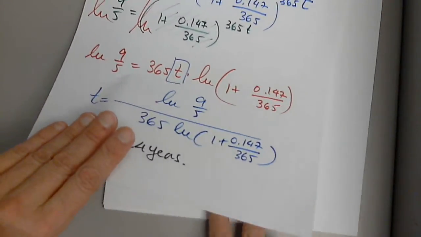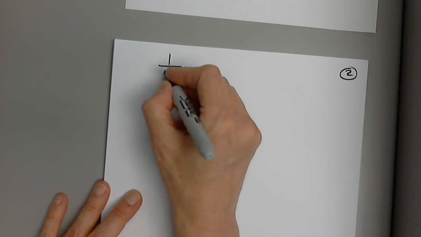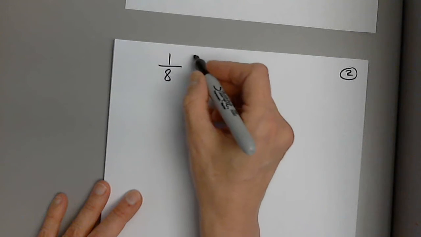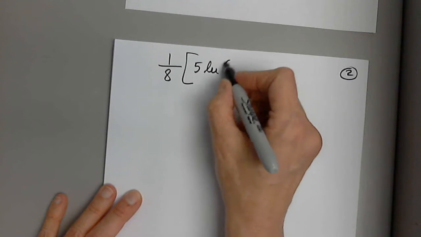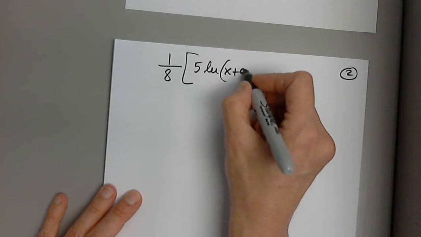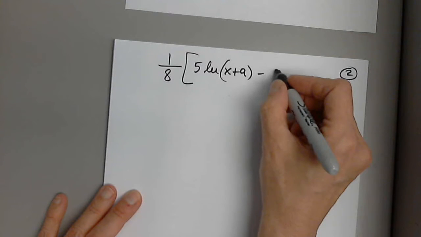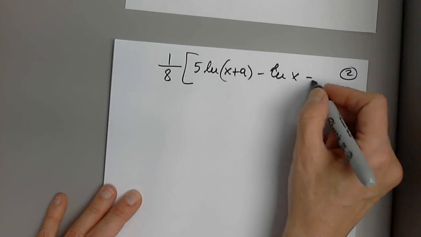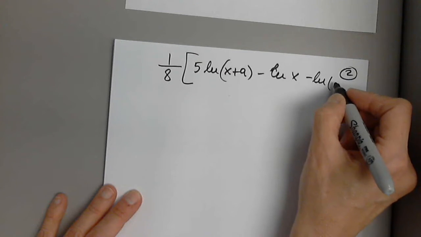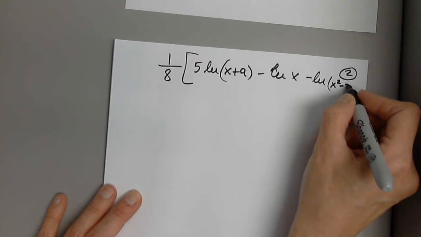So it's 1 over 8 bracket, 5 natural log, parentheses, x plus 9, minus natural log x, minus natural log, parentheses, x squared minus 36. Like this?